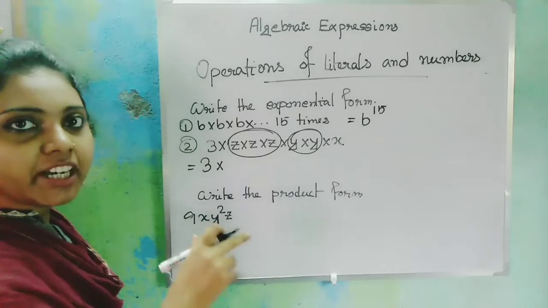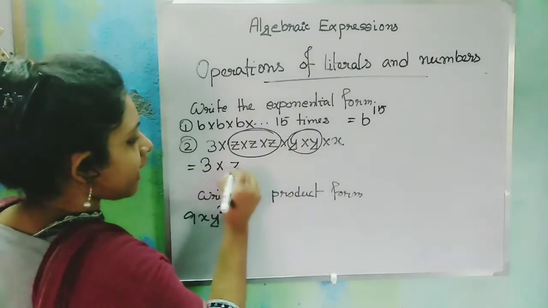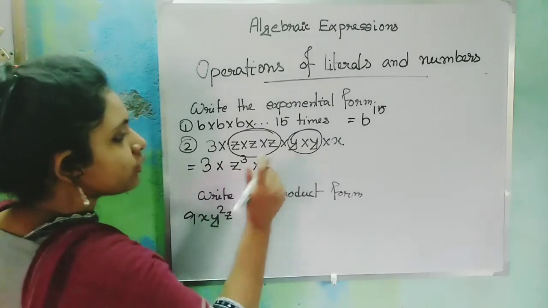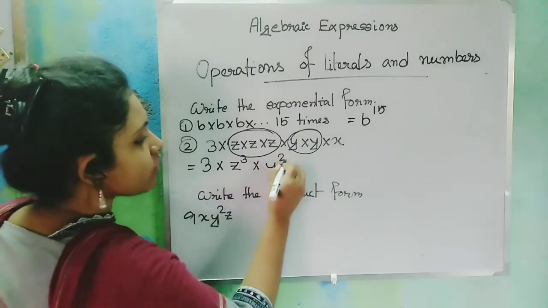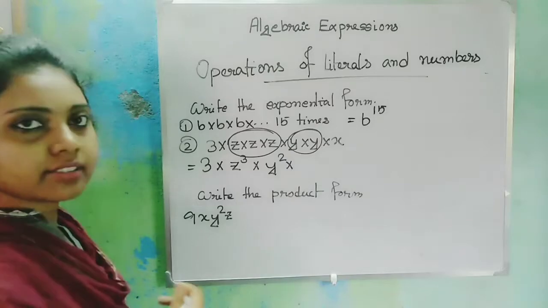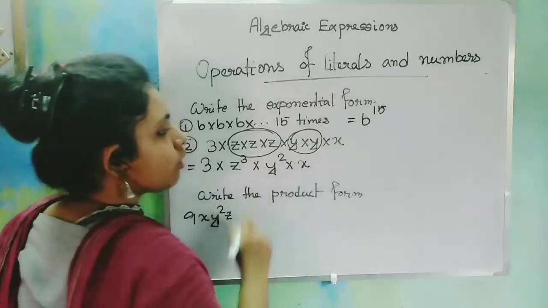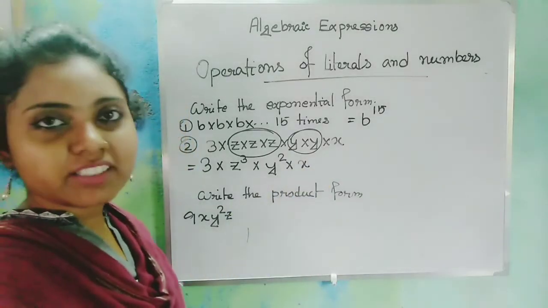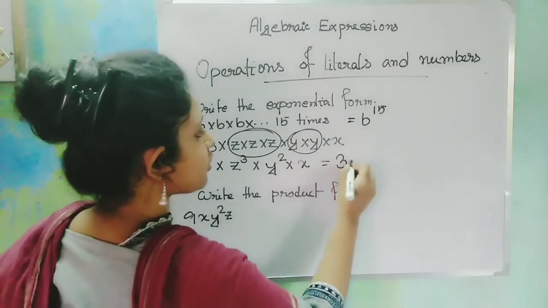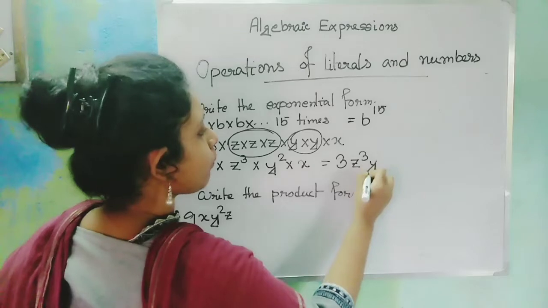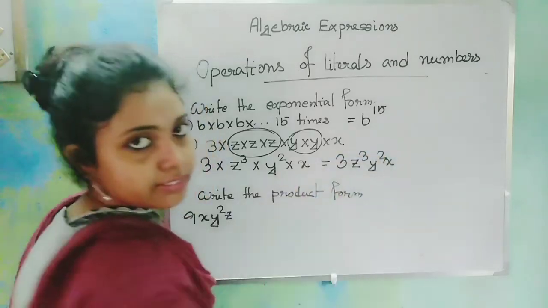Z is repeated here 3 times, so we can write z cube. Y is repeated here 2 times, so we can write y square into x. We can write x to the power 1, but this is not necessary, x. So this equals 3 z cube y square x.